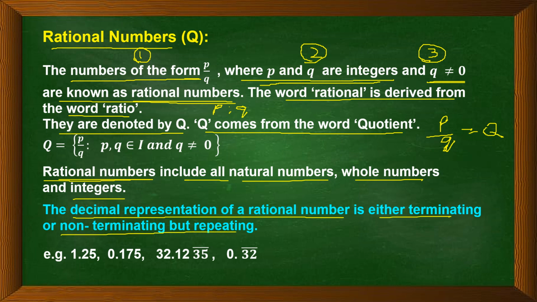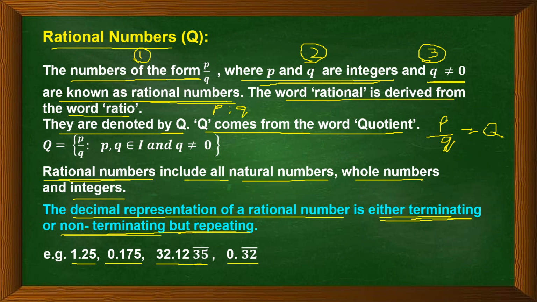That means either the decimal is going to terminate, or if it is not terminating, the numbers will repeat. For example, 1.25 is terminating, it is ending over here at 5. 0.175 is terminating. Now take for example 32.1235 with the bar over 35. Under the bar, 35 means that 35 keeps on repeating.